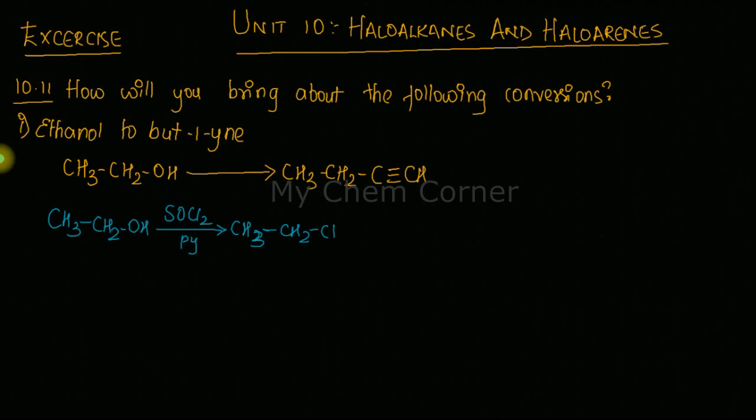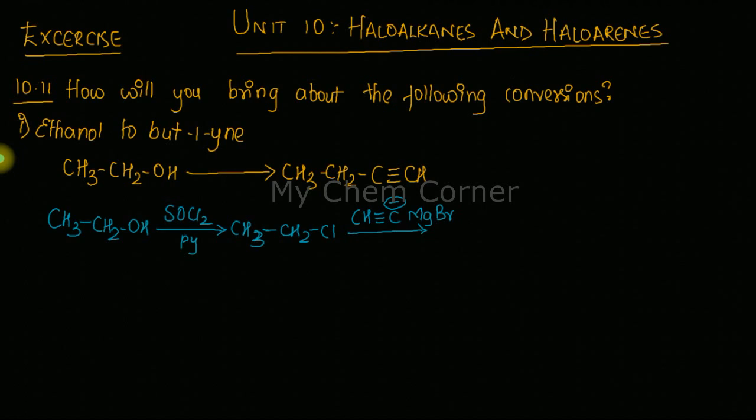Now once I have converted to a chloride, I need to add a compound which will double the chain, which means I need 2 more carbons. And that I will get from a Grignard reagent. So I'll take an ethyne anion with magnesium and a bromine.